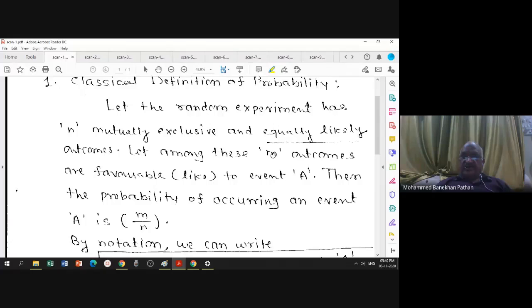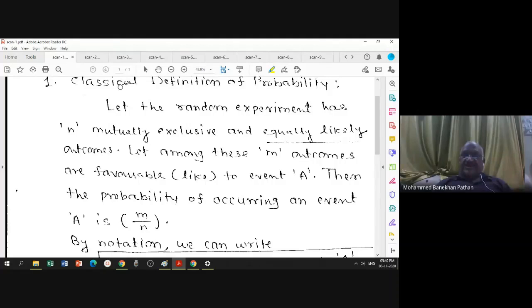So by using this information, we calculate a probability as a ratio of two positive numbers. m is a favorable outcome, small n is a total outcome. So this approach is named as classical definition of probability.